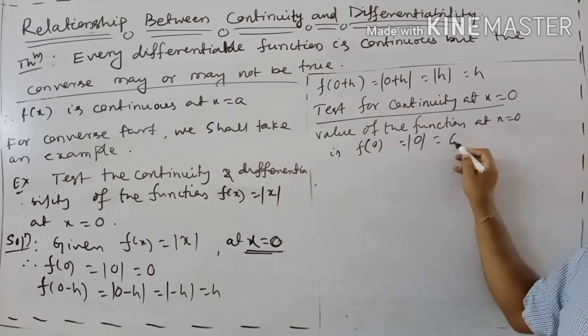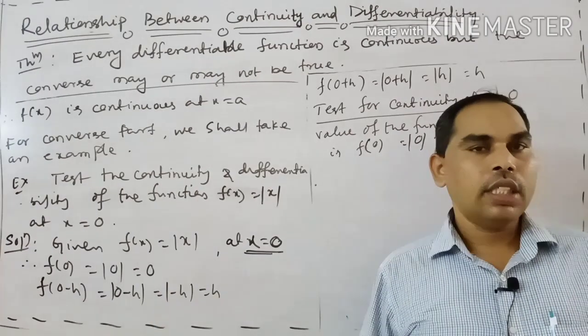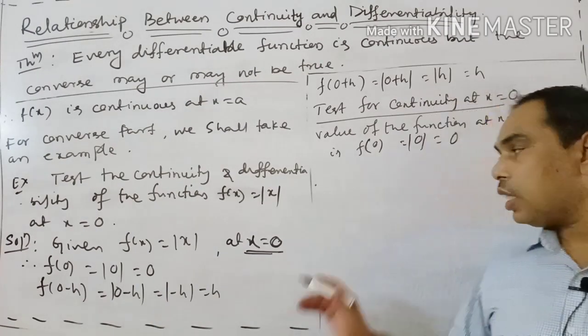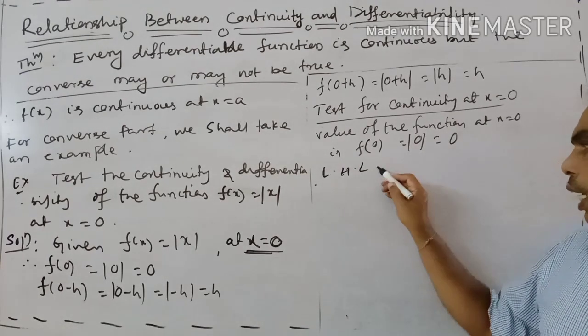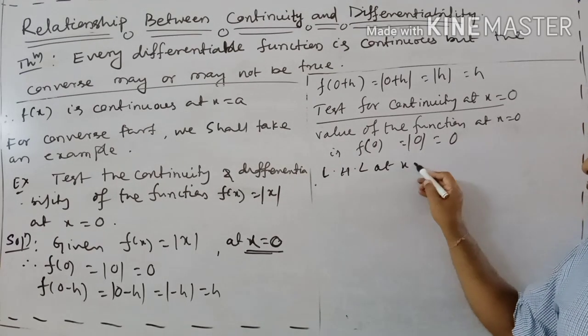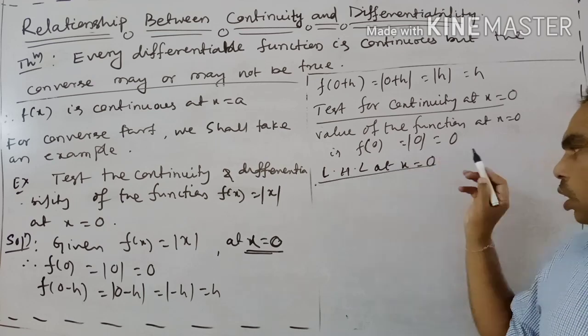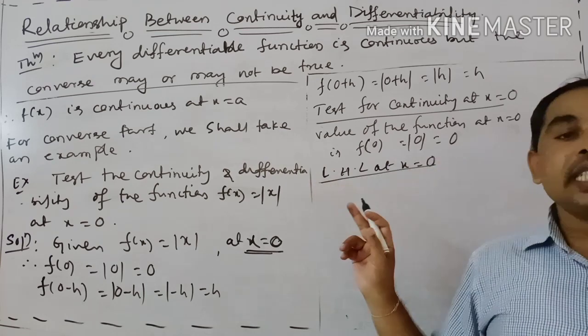Mod 0 is equal to 0. This is the value of the function. Next, to find LHL at x is equal to 0. So first, write the step.